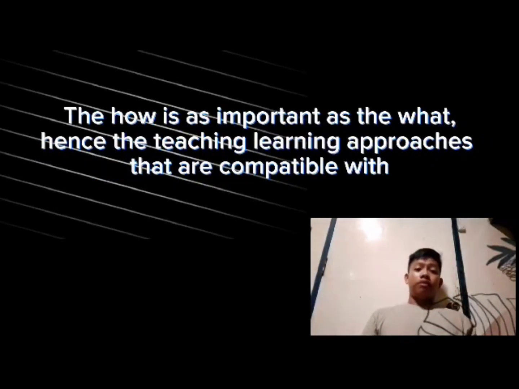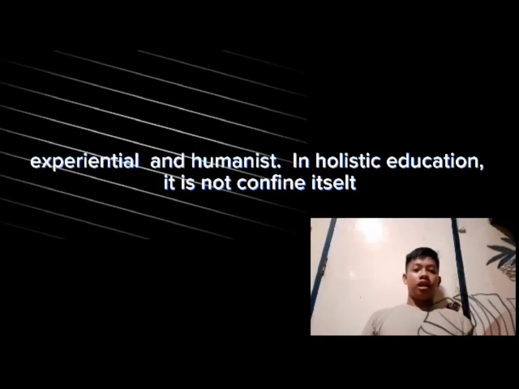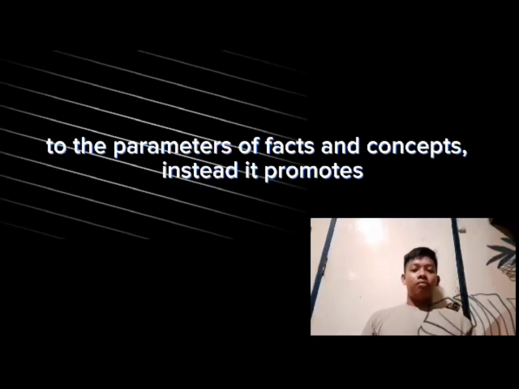The teaching learning approaches that are compatible with the goals of peace education are holistic, participatory, cooperative, experiential, and humanist. Holistic education is not confined to the parameters of facts and concepts.